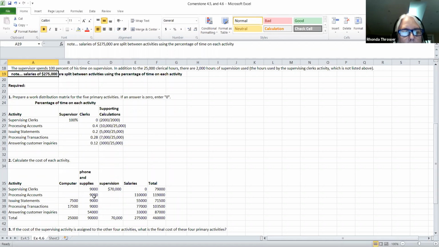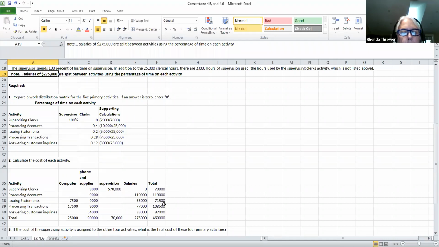Processing accounts, phone and supplies were 9,000, salaries were 110,000. The total is 119,000. So the calculated cost of processing accounts is 119,000. Issuing statements, 71,500. You're just adding straight across here to get the cost of each one of these activities.